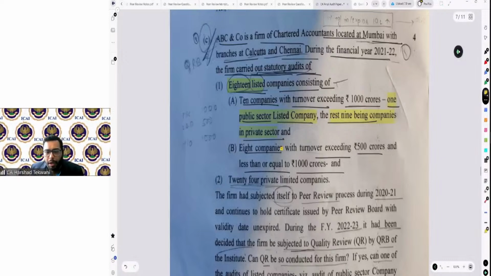And there were also 24 private limited companies. So 18 listed and 24 private. This is the financial year 21-22 and the audit carried out by ABC and Company.